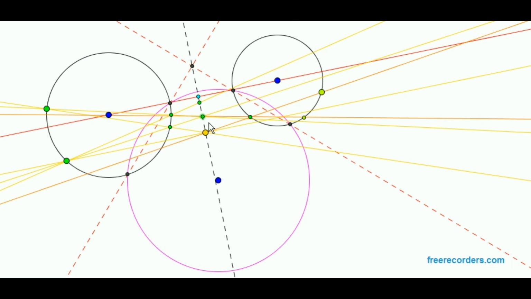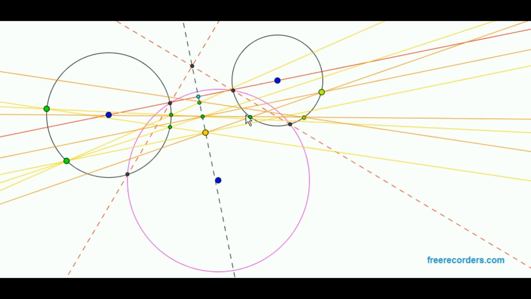Now hopefully, yes, you see if we map back here, so we continue this generation process now using these two lime green points on this right hand circle. So we draw an orange line back to here and then we use this. You see we generate the same point again. So the fact that this orange line also goes through this green point is not mechanically determined, it's sort of causally determined, if you like.